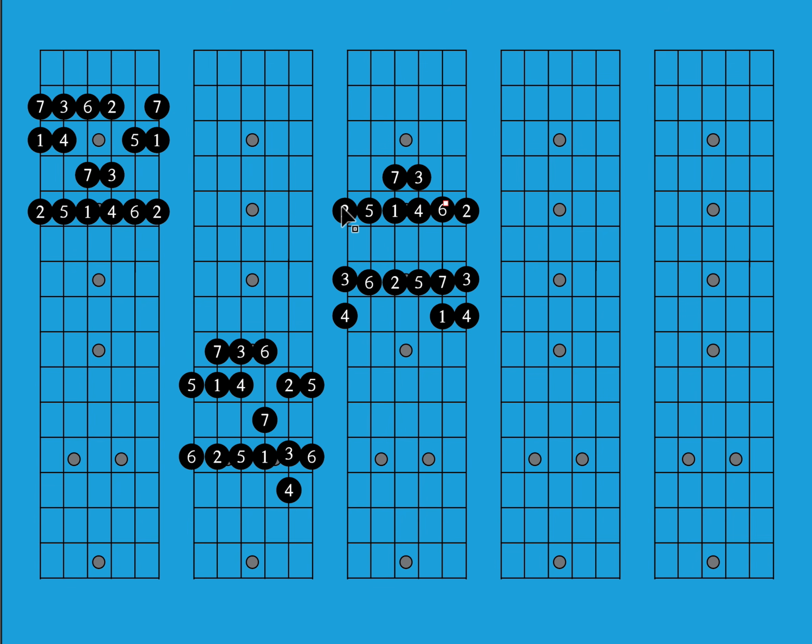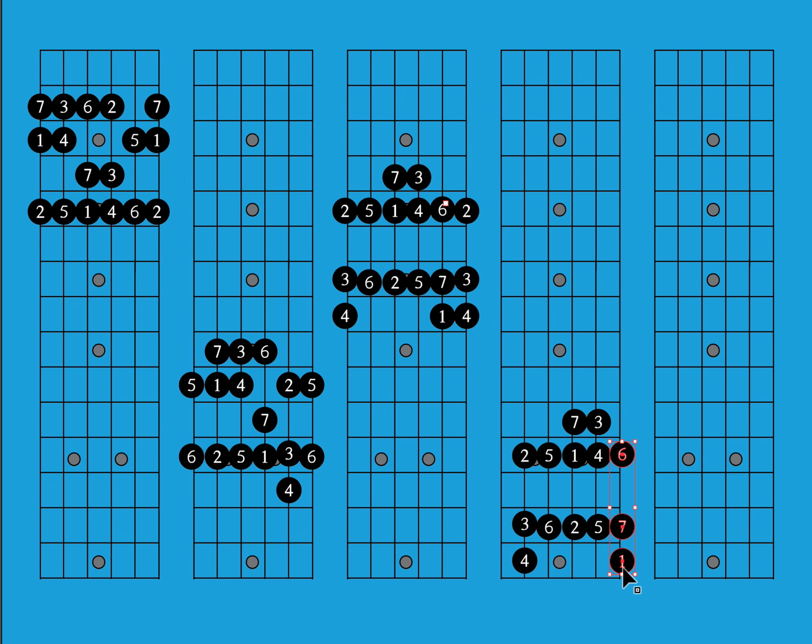All right, let's do this again. We're going to take everything here and bring it down to the A, 12th fret. We could also do it up here on the open, but we've chosen down here. Once again, this one has now fallen off.